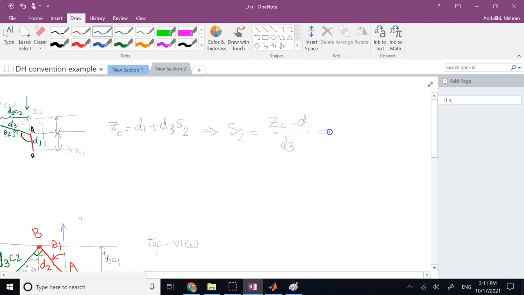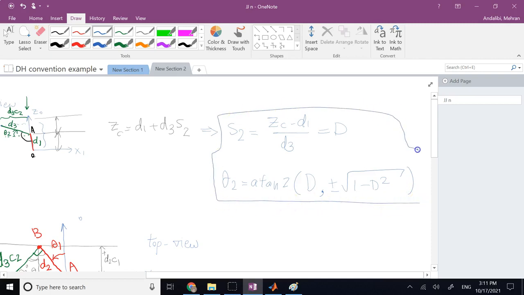If I call this whole ratio d, then theta 2 is going to be arctangent 2 of sine of theta 2, which is d, and cosine of theta 2, which is plus or minus the square root of 1 minus d squared. So this one here gives me the equation for theta 2.